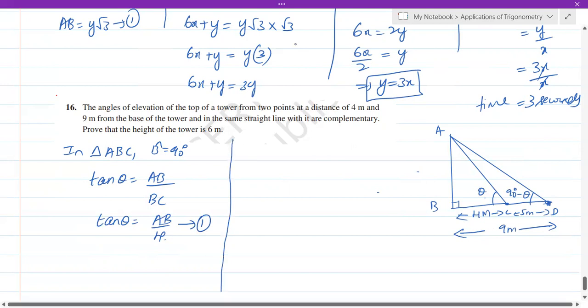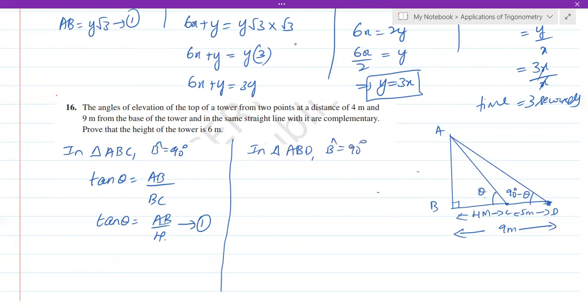Now in the next triangle, triangle ABD, the bigger triangle, B is 90 degrees. The angle is 90 minus theta, isn't it? Tan of 90 minus theta. The opposite side is AB and the adjacent side is the entire length BD. And we know from the complementary angles concept that tan of 90 minus theta is cot theta. So AB by BD is 9, isn't it?